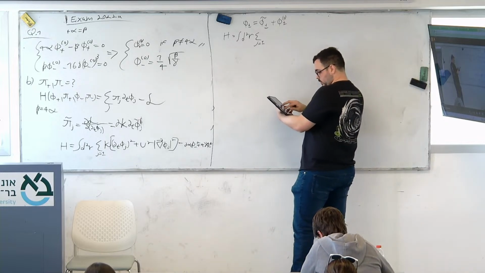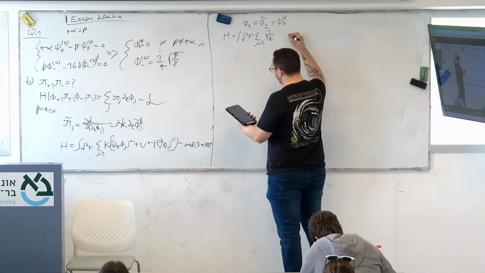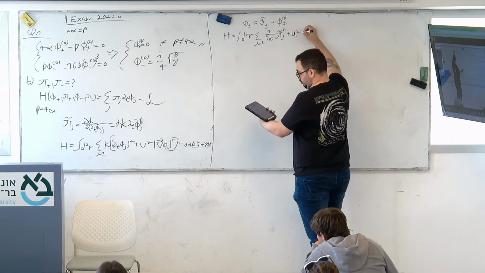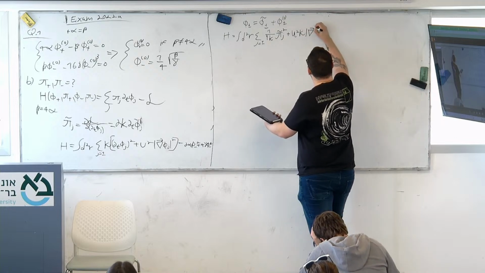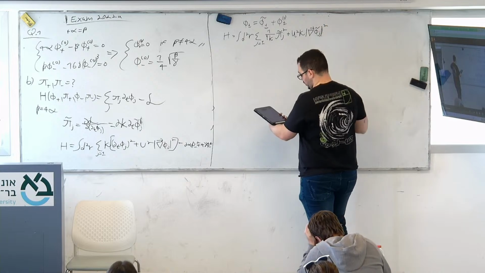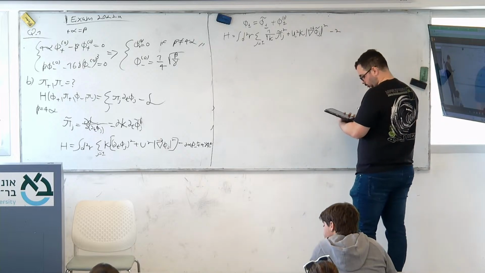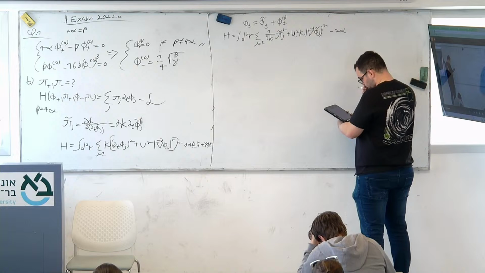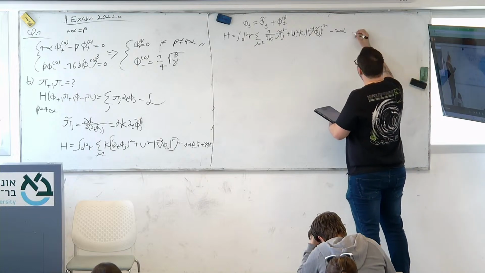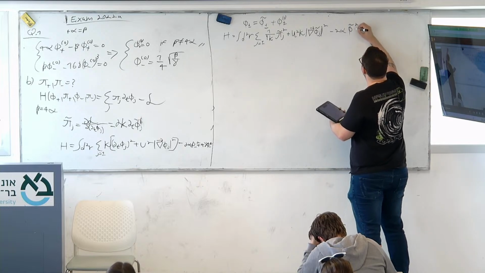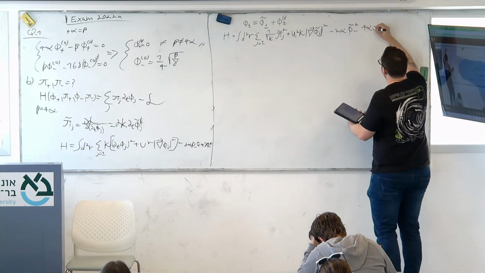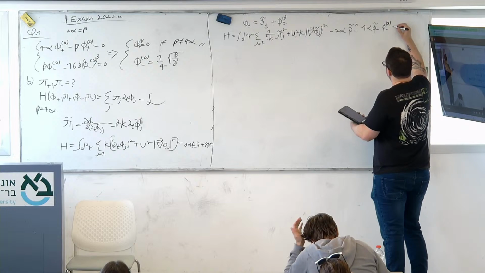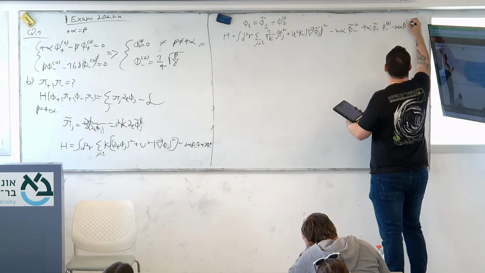So we'll have 1 divided by 4 kappa pi approximated j squared plus u squared kappa approximated minus 2 alpha phi wave squared minus 4 alpha phi squared minus phi 0 squared minus 2 alpha phi 0 squared.